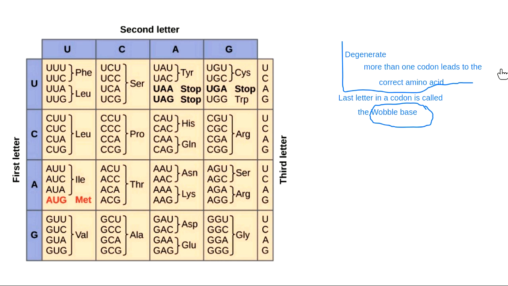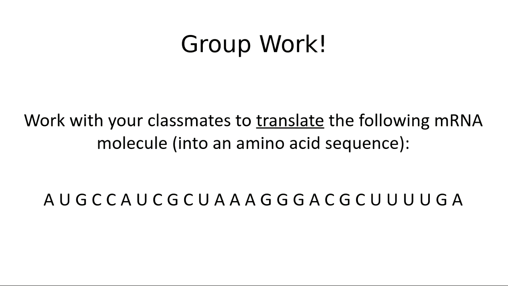Okay, well, here's what I'm going to mention. We're not going to take class time to do this process of translation because we talked about how to do it. Here's my tip for you though. When you are doing the homework assignment or when you're doing that transcription and translation practice sheet, when I ask you to do translation, make sure you're thinking about things in groups of 3 letters.